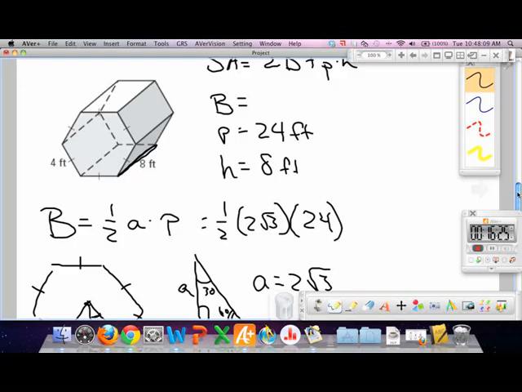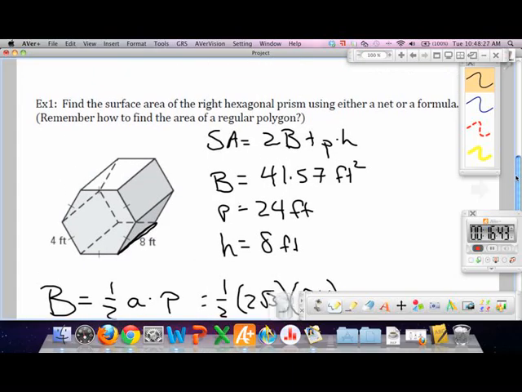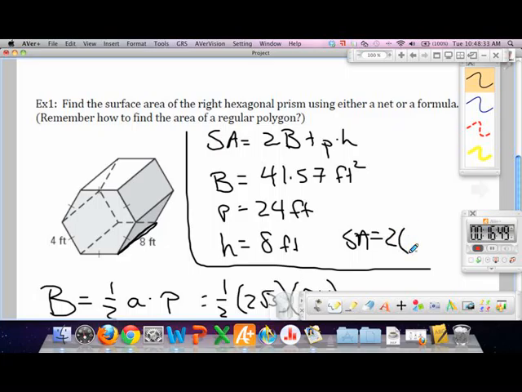So now that you've got this stuff, the surface area shouldn't be so bad. Surface area should then be twice 41.57 plus 24 times 8, which comes out to be what, about 175 or so?